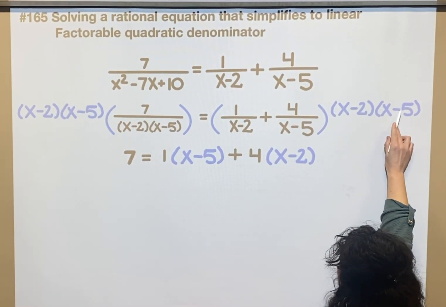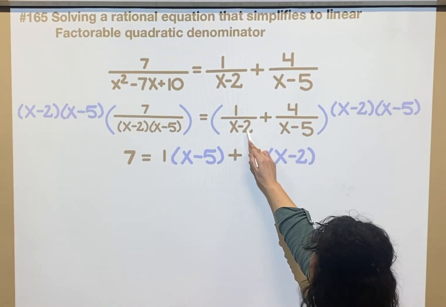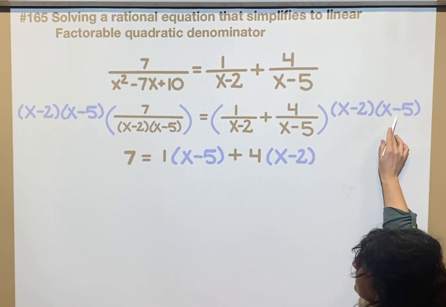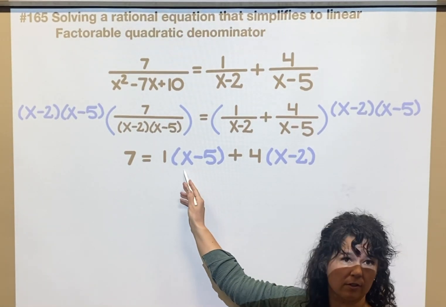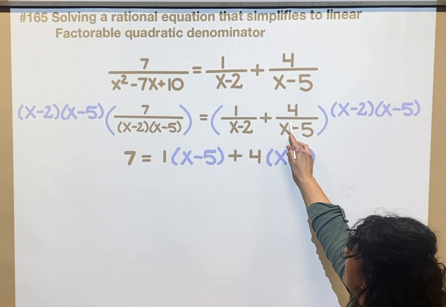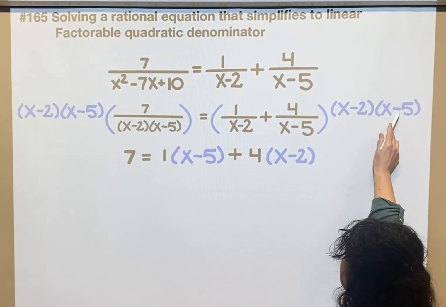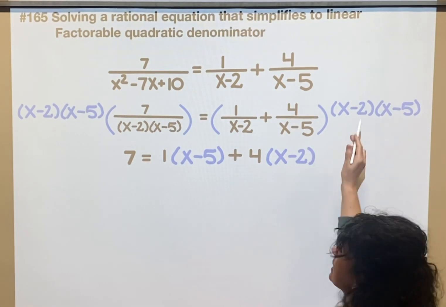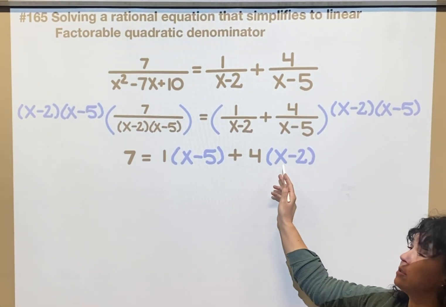So if I take the blue times that first fraction, the x minus 2's cancel, and I'm left with a 1 and an x minus 5. And then when I multiply the blue times this fraction, the x minus 5's cancel, and I'm left with a 4 and an x minus 2.